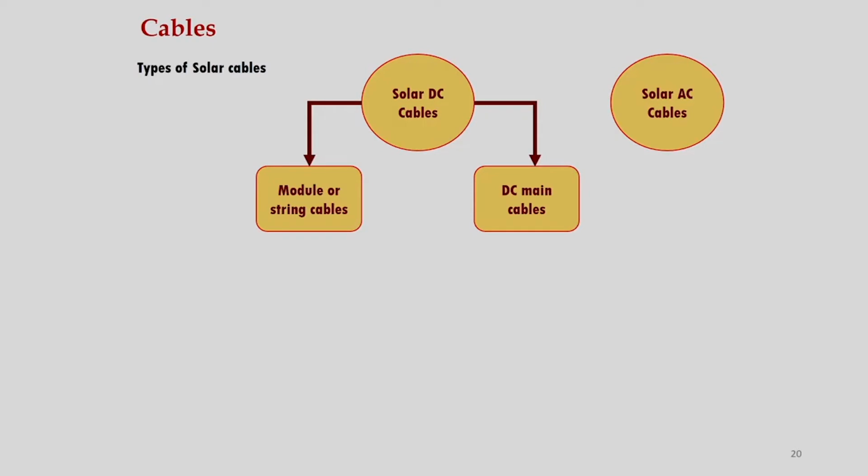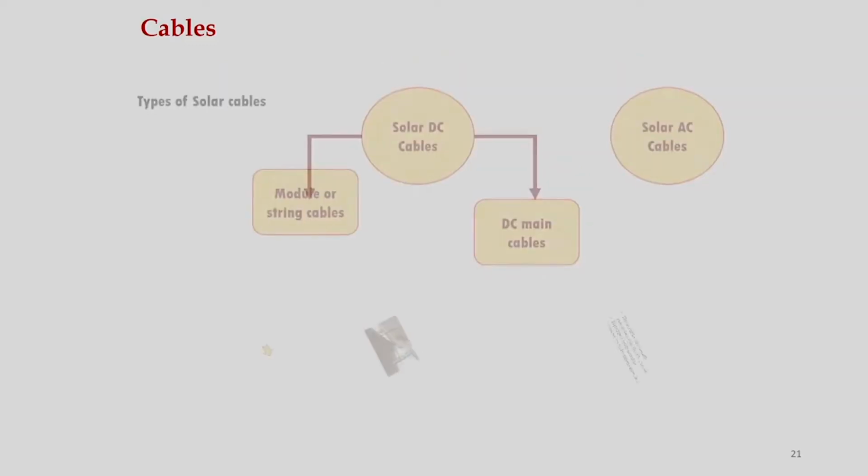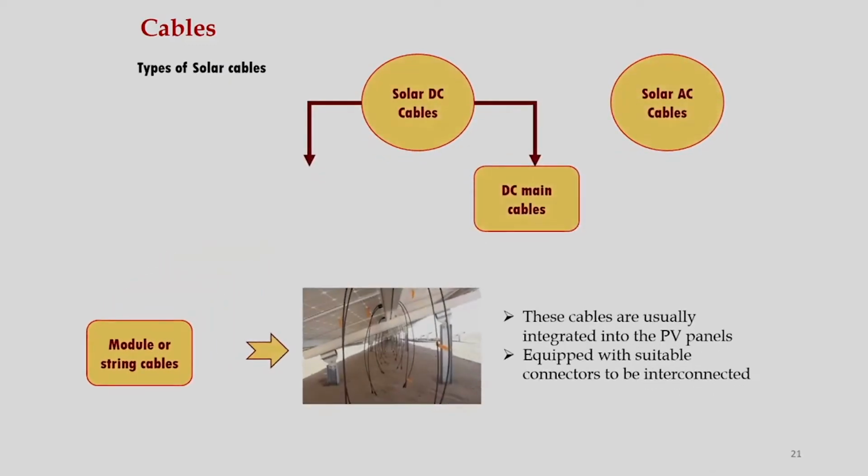DC cables again we have module or string cables and DC main cable. So, let us see what module or string cables are. As you can see, this is a module, there are many modules here, and these are the connections. These are nothing but string cables.